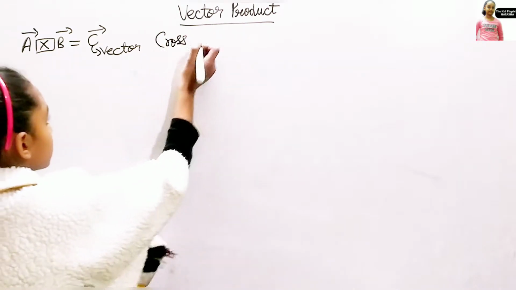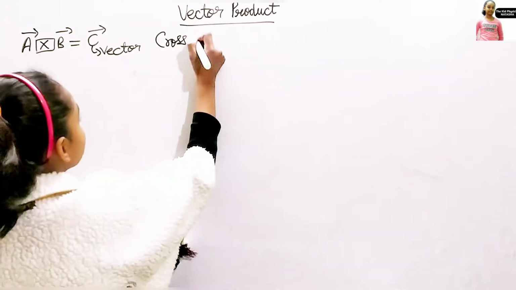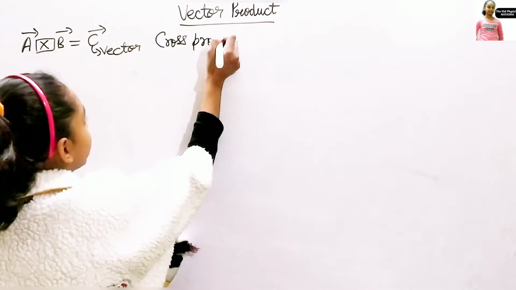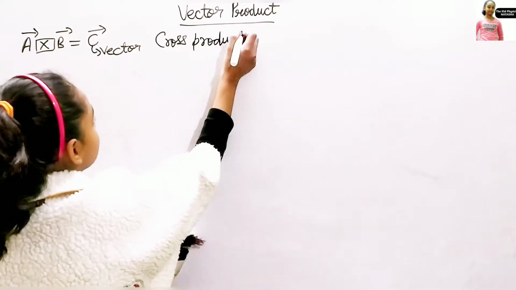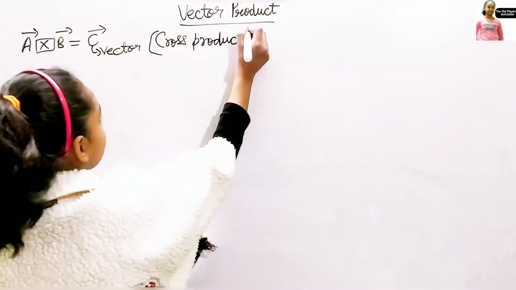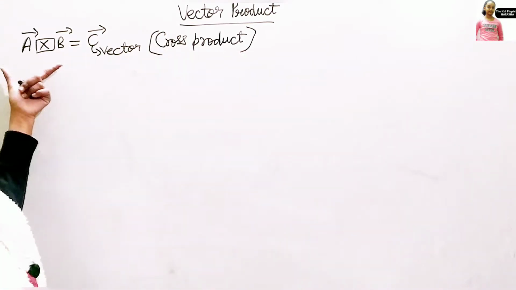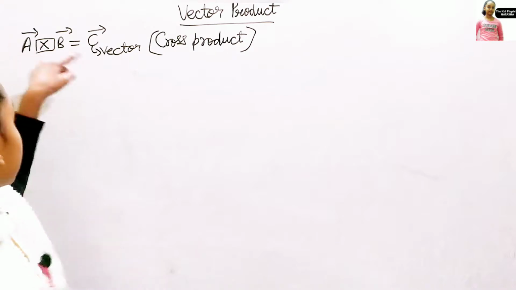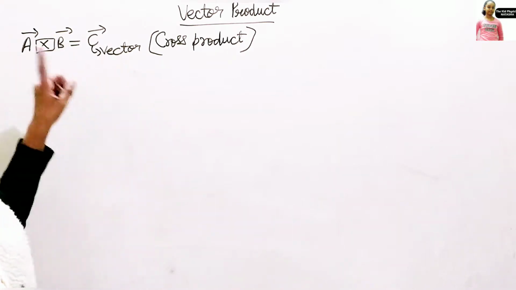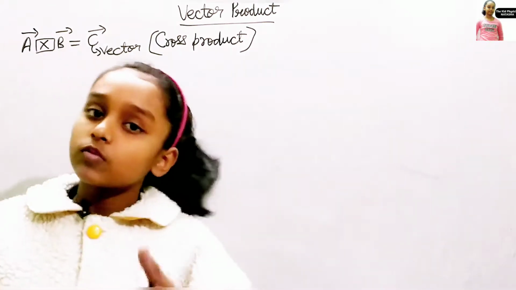So when we do cross product of any two vectors, we get a vector quantity, and that vector quantity is known as cross product.